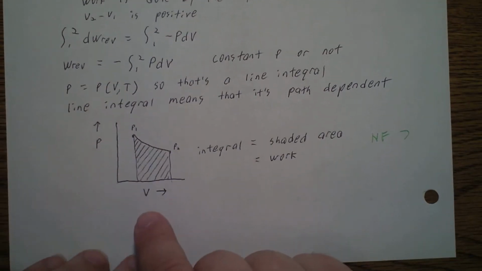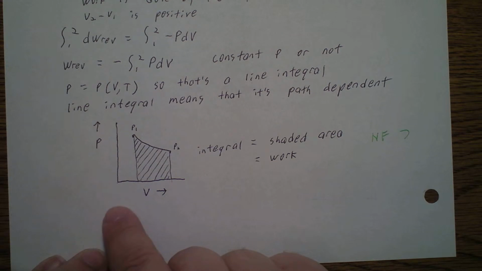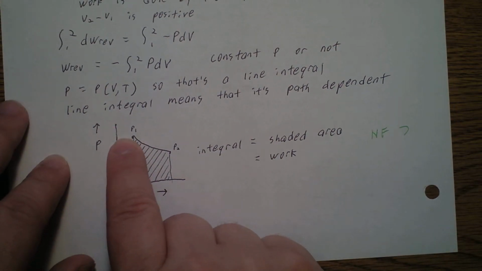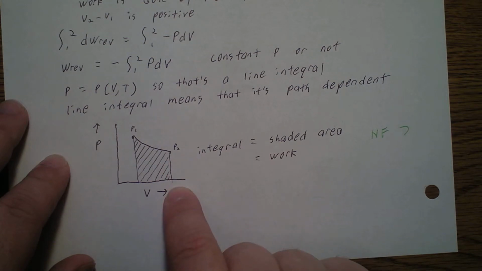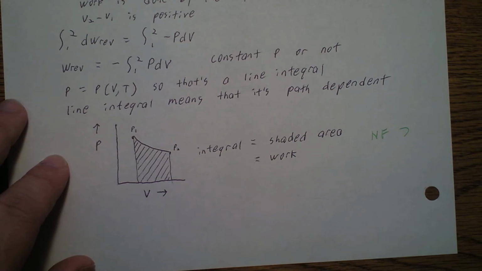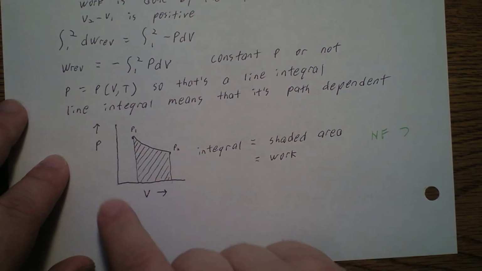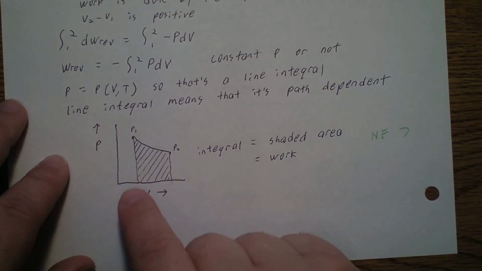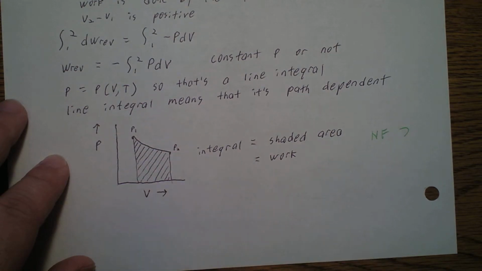So here's an example. We've graphed pressure against volume here. Let's say our initial pressure is way up here and our final pressure is down here. So we're squeezing our system. The pressure is going down. Actually, our system is expanding. So this shaded area under the curve, that's the integral.